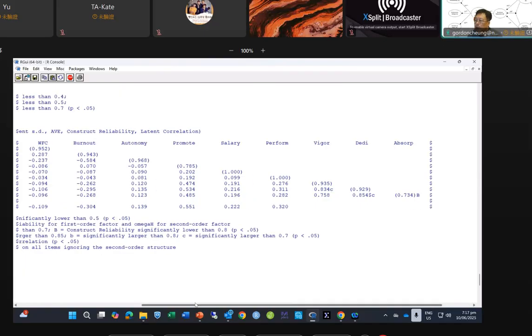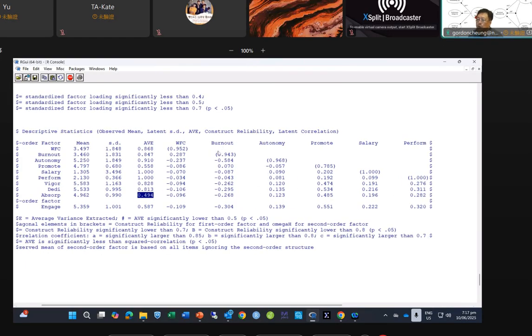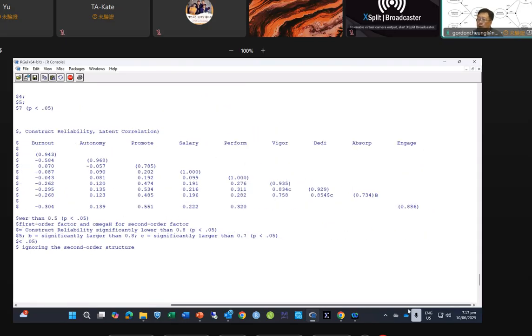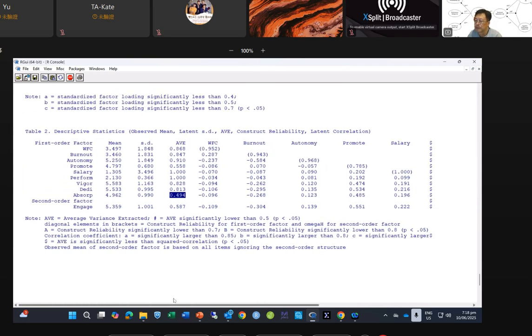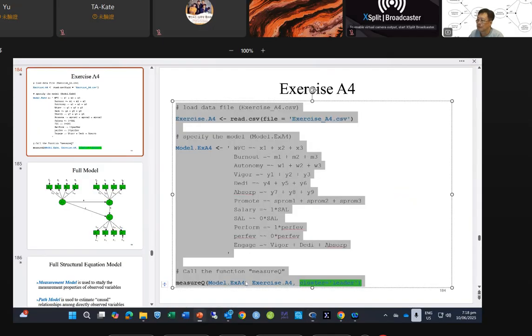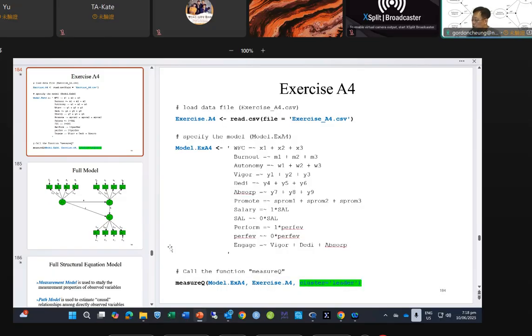Just like in any of these latent variables, we expect the items to be highly correlated. Otherwise, we cannot form a latent variable. Similarly here, because these three are first order dimensions of the second order factor engagement, we don't worry about their discriminant validity. Good. Any questions?